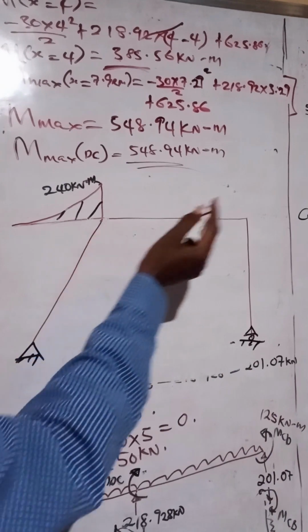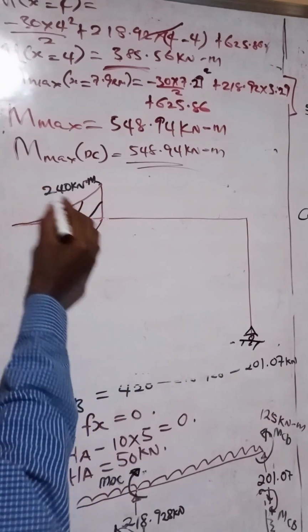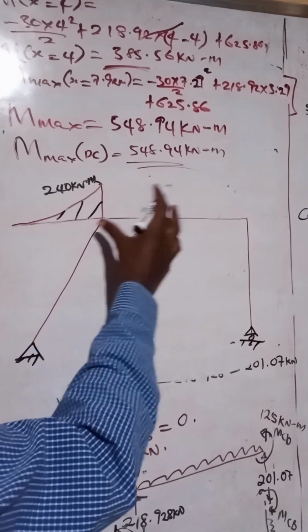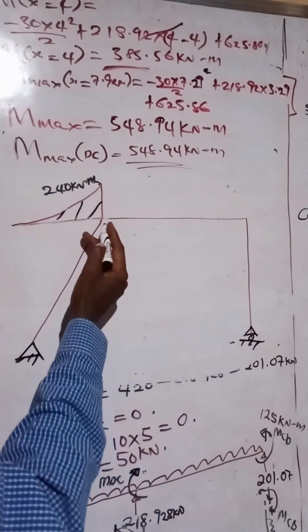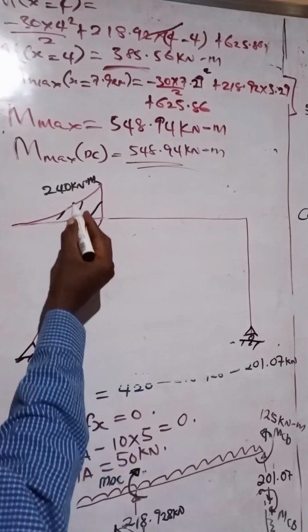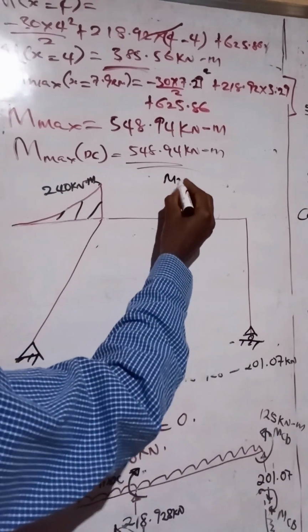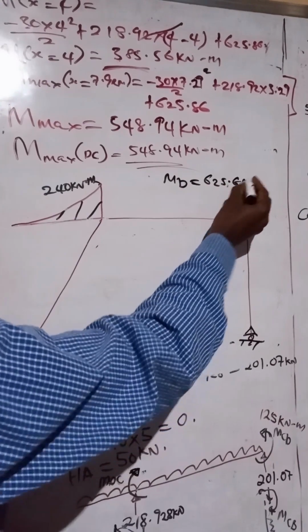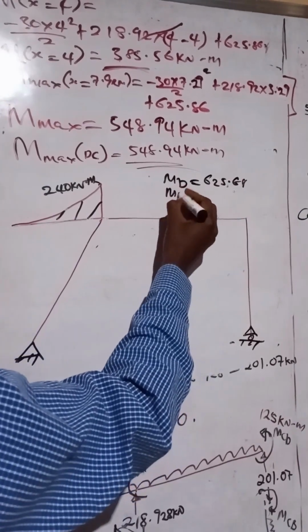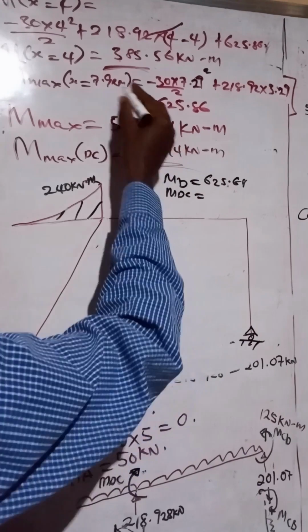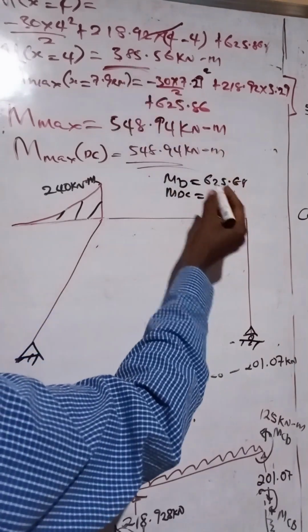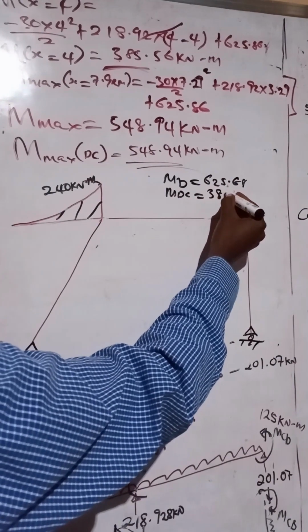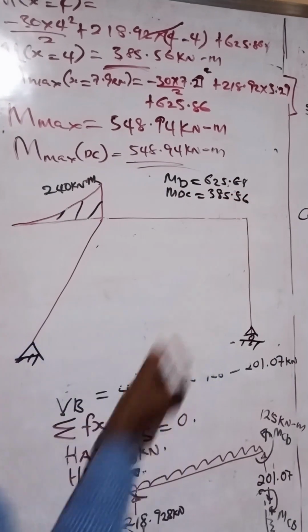It means that by the time we do the algebraic sum of moment MDA, remember that MDA was 625.68. Remember that MDC, when x is 4, was 385.56.